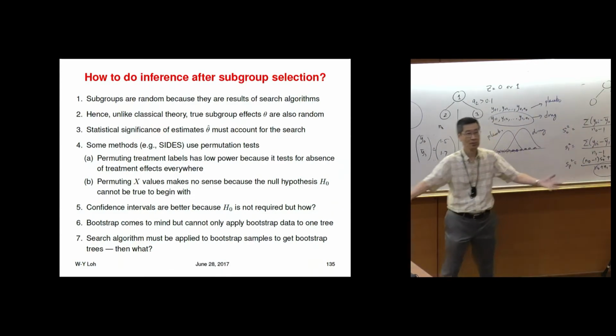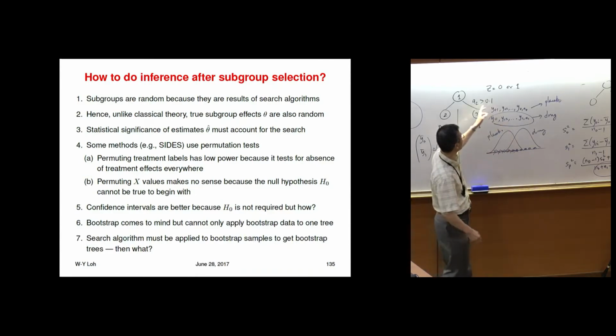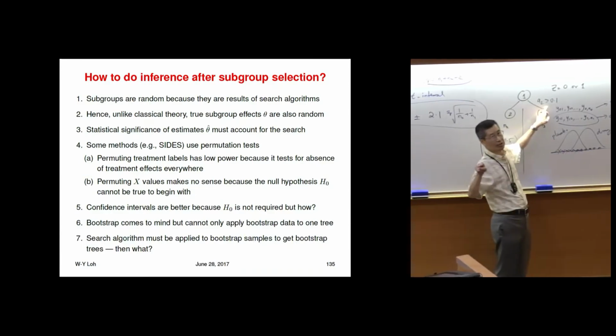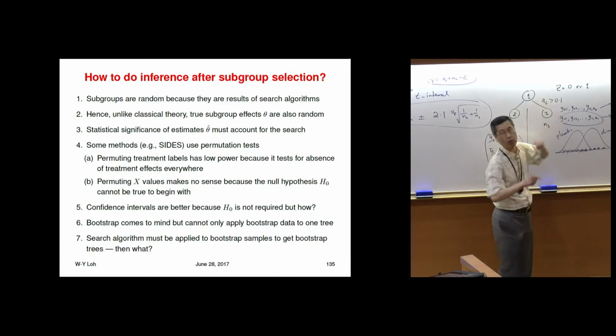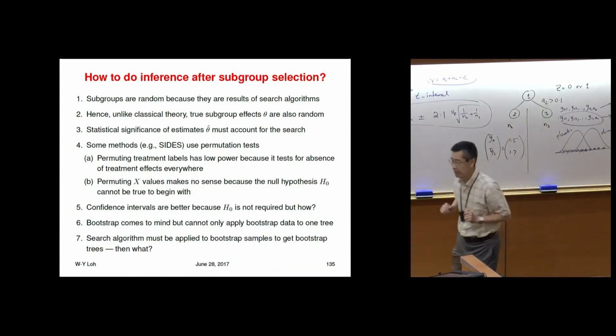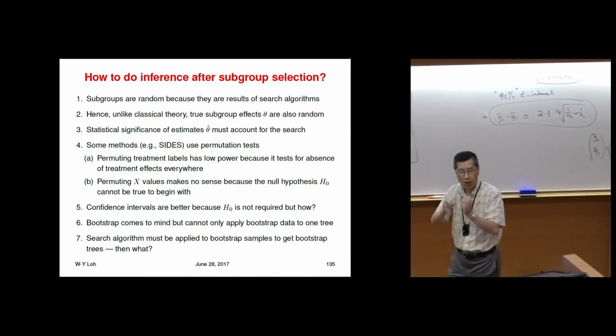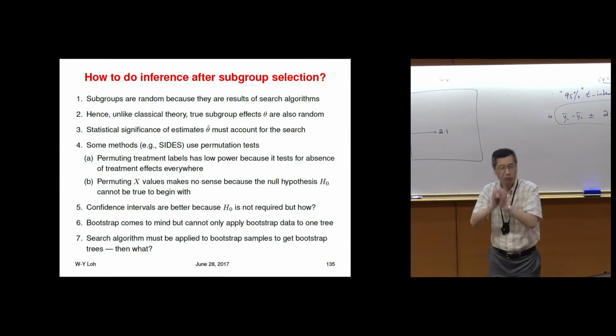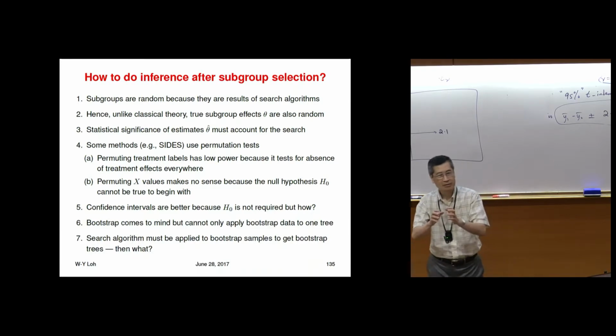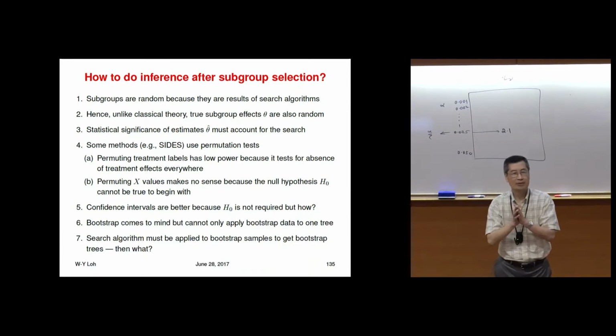Right? Because he has a population. I just tell him, can you look into your population? All people with A2 bigger than 0.1. Can you look into there and tell me the average Y for the people in that group that are given the placebo and the average of the people given the treatment? Okay?